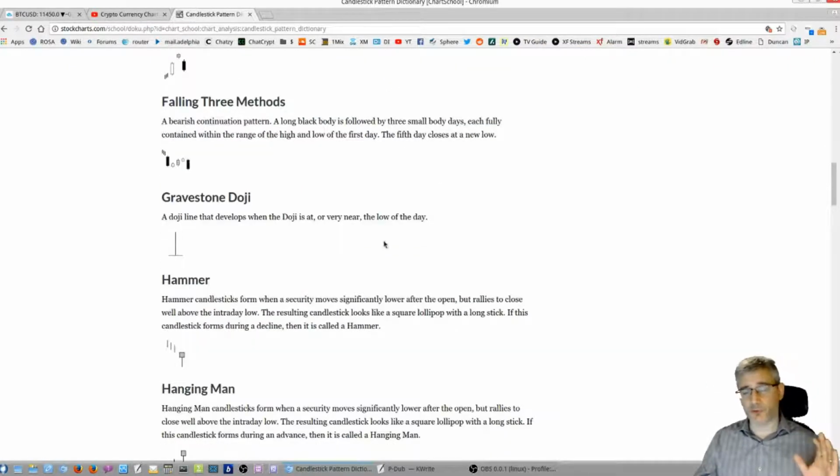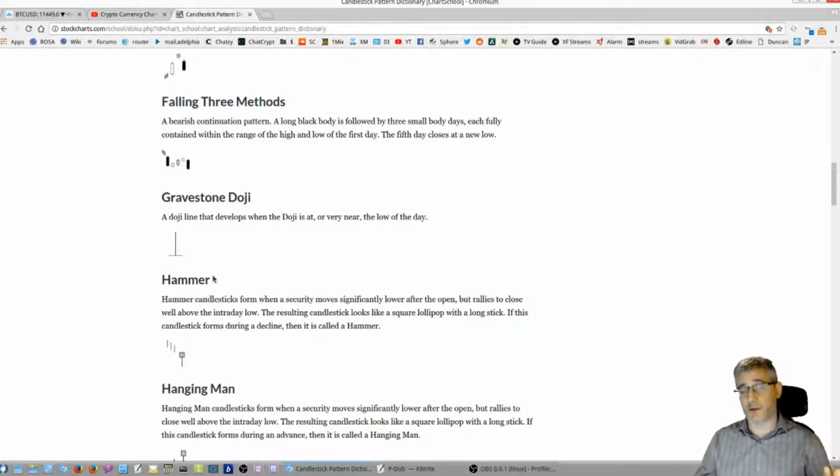The opposite of the dragonfly doji is the gravestone doji. Again, if you understand what's going on with the candlesticks, it really shouldn't matter what the patterns mean, as long as you understand what's happening. You can pretty much figure out what's going on, because it's not so much the pattern, it's what's happening before it, what's happening after it, where it is in the chart.